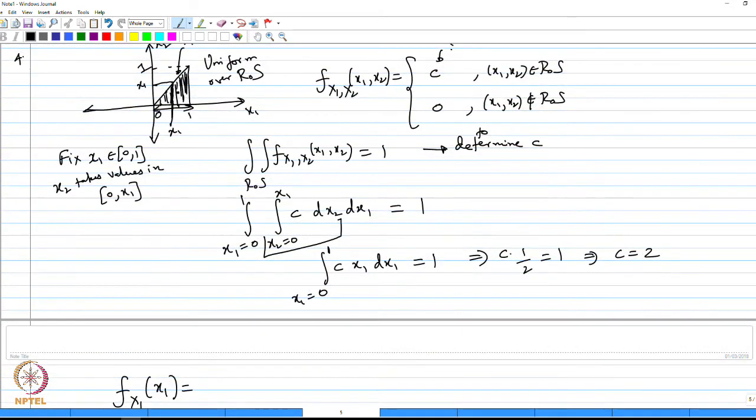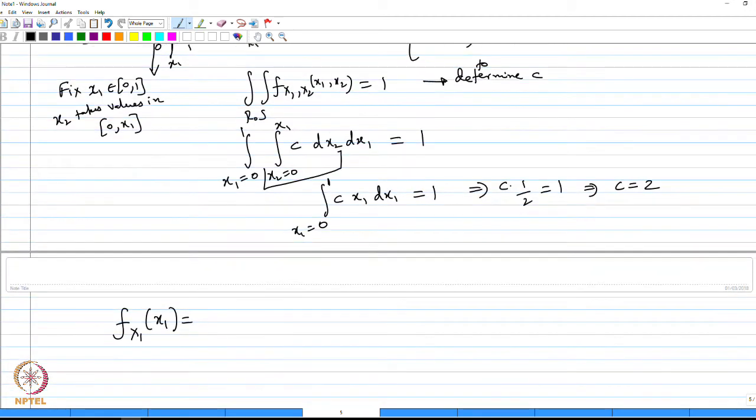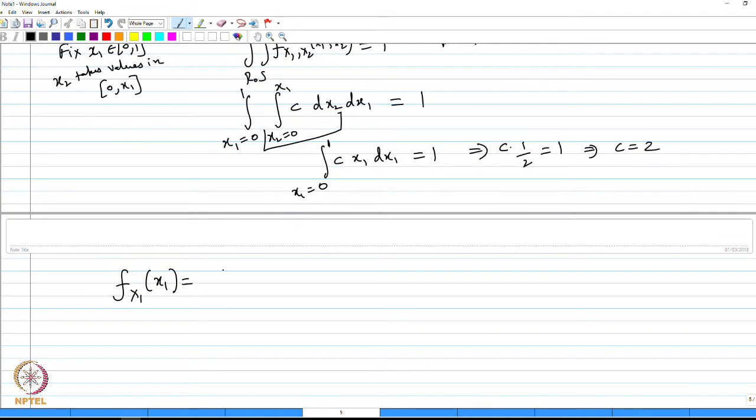For a particular x1, I have to integrate f of x1, x2 over the actual range. So x2 will go from 0 to x1. C is the value of the PDF. I've got to integrate over dx2. So this simply works out as C times x1. C we saw as 2, so it is 2 times x1.